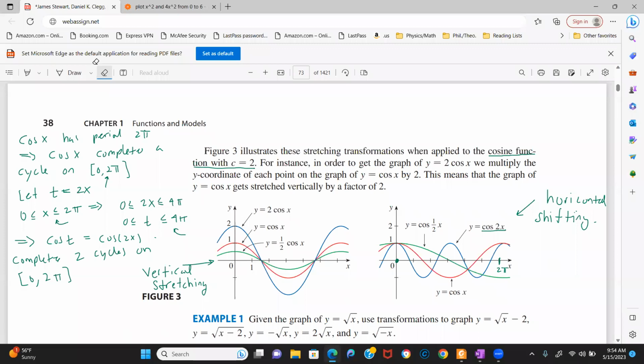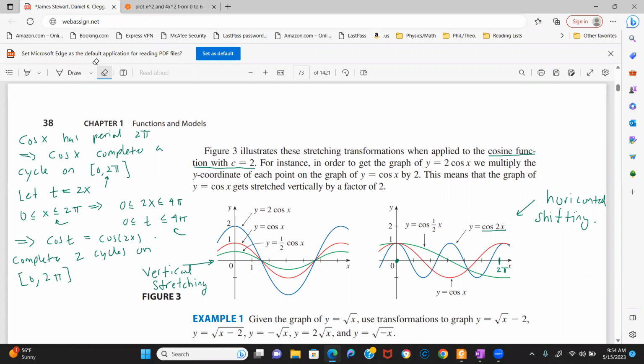What that means is that this corresponds to horizontal shrinking. It's like you're compressing this cosine curve. It goes through its cycle faster; it repeats more often, in other words.